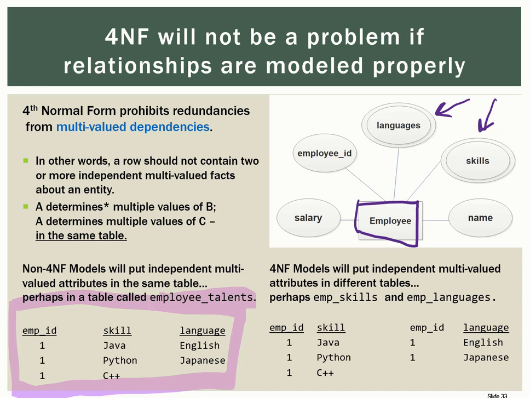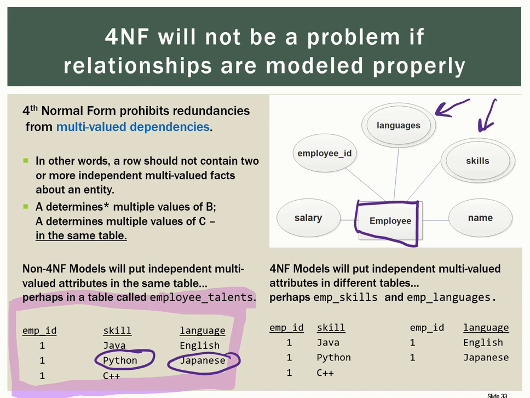The other issue is that these create the illusion of association. What do I mean by that? Well, here we have employee 1, we have Java, and on the same row we have English. That implies that Java and English are somehow related to one another because they're on the same row. Similarly, we have Python and Japanese.